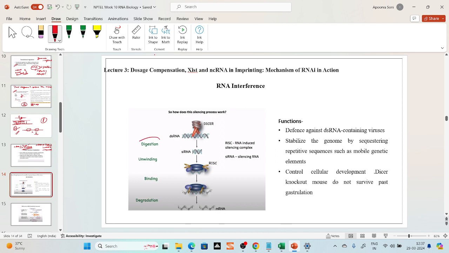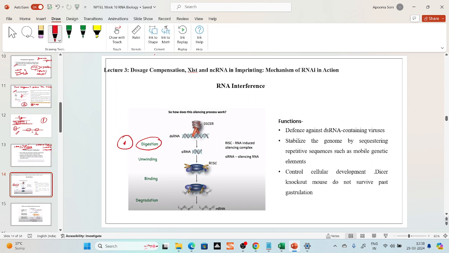So first thing is digestion. Digestion of this double-stranded RNA forms siRNA. Once this siRNA is formed, it unwinds and forms the RNA-induced silencing complex. This is your RNA-induced silencing complex, in which siRNA comes and binds.